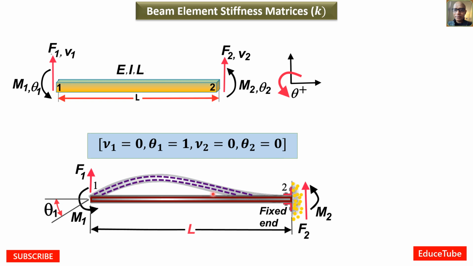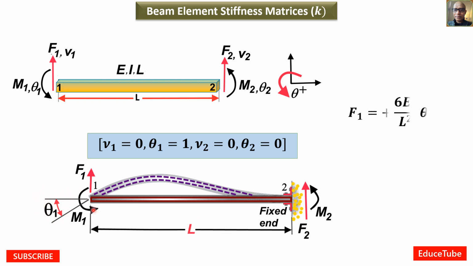Here node 2 is fixed. If node 1 of the member is rotated by this theta 1 relative to node 2, then the chord of the member rotates anti-clockwise, and the moment, of course, will be related to this theta 1.